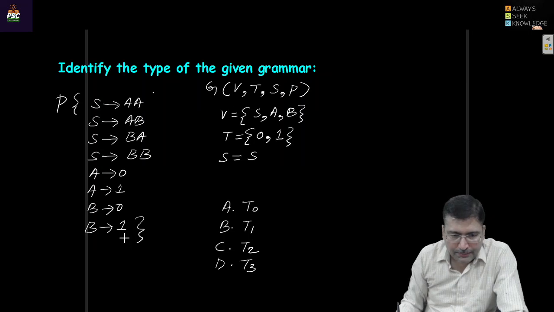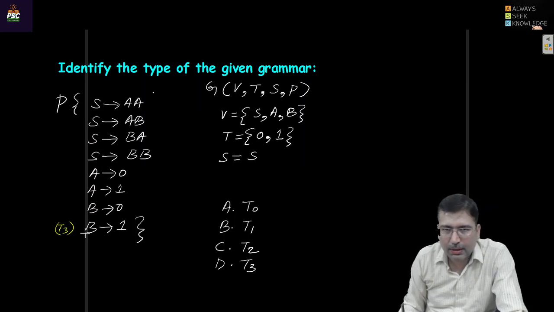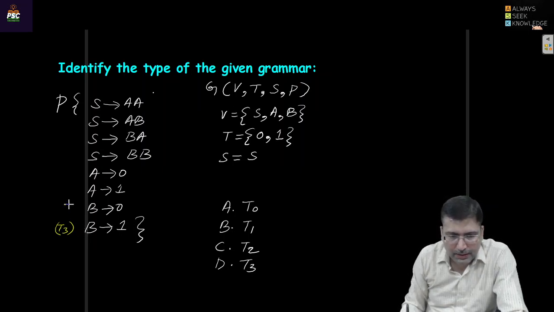If I consider this non-terminal deriving 1, a terminal, I can conclude this as a type 3 rule. Type 3 means regular grammar rule. This also is type 3, because a non-terminal is deriving a terminal. This is also type 3, and this is also type 3.